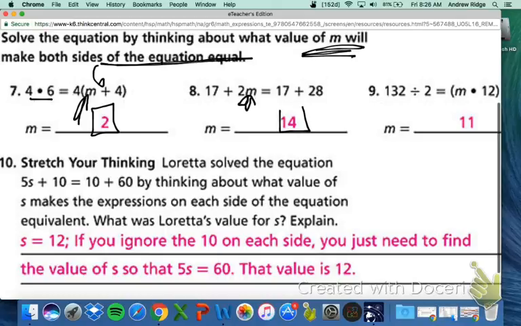So we make that 14, because then 2m would be equal to 28, because it would be 2 times 14, which is 28. Then we have 132 divided by 2. So we sub in 11 for the m, because that would make m 11 times 12, which is 132, also divided by 2. Stretch your thinking.